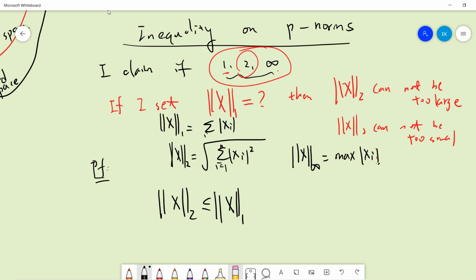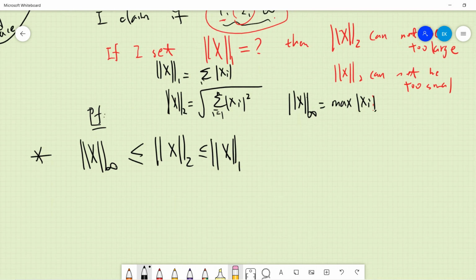Because if you square both sides, then there will be some positive term coming from cross product of x1, right? So trivial. And also x2 norm is sum over square, right? So sum over square, take a square root, must be greater or equal to the infinite, the maximum one, right? So this inequality tells you that if you restricted the x1, then x2 cannot be too large. Also infinite cannot be too large.